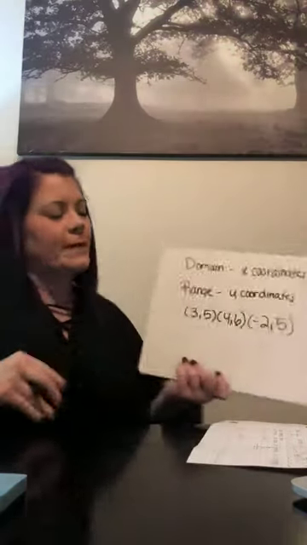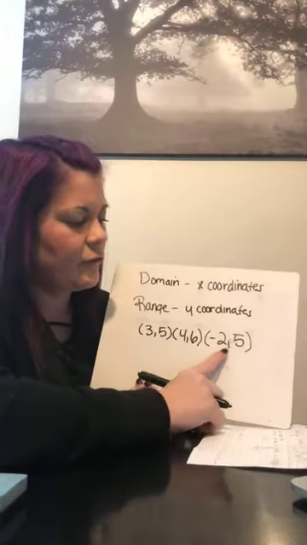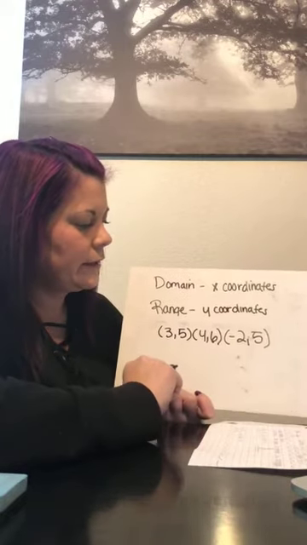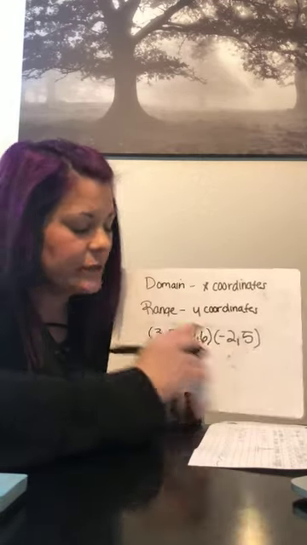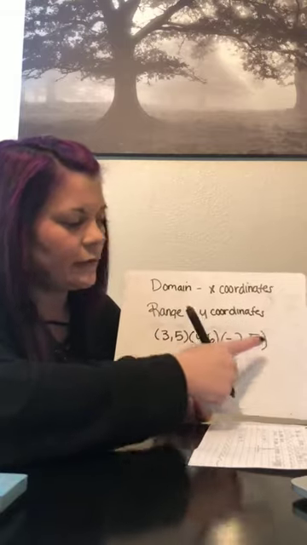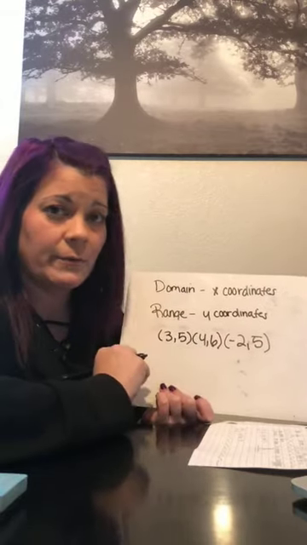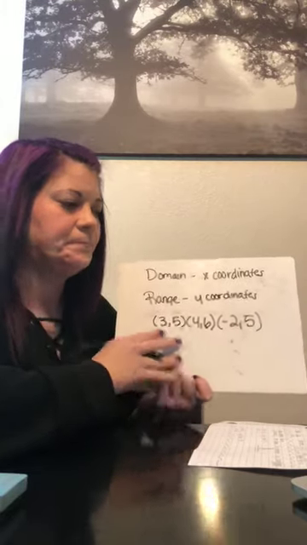So for example, let's see if these are functions. You can tell me. So (3, 5), (4, 6), (-2, 5). You can say that this is a function because every input only has one output and the x values do not repeat. So this is a function.